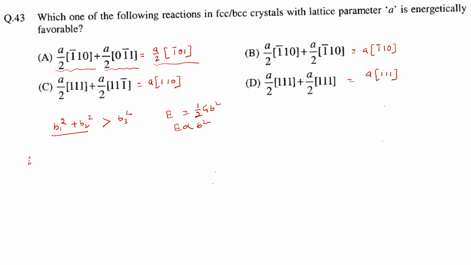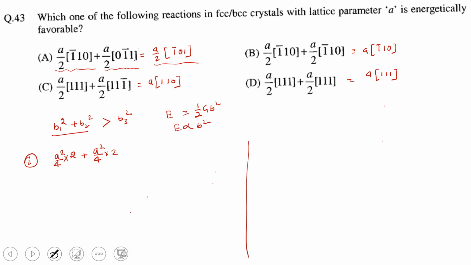Let us see the first case first. In the first case, b1 square plus b2 square will be a square by 4 into 2 plus a square by 4 into 2, and after the transformation, b3 square is a square by 4 into 2.